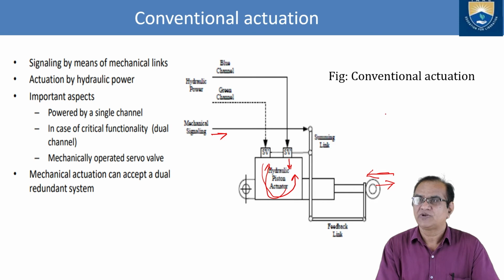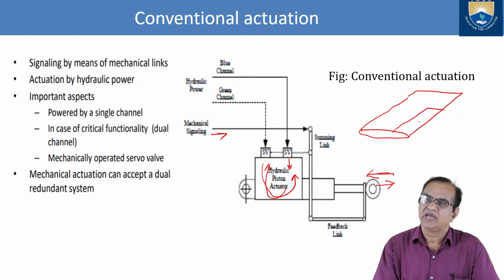So if you take, this is the wing. If I am making one, this is your aileron. Here it is hinged. So here what will happen? I will fix this end here, and one end is here.